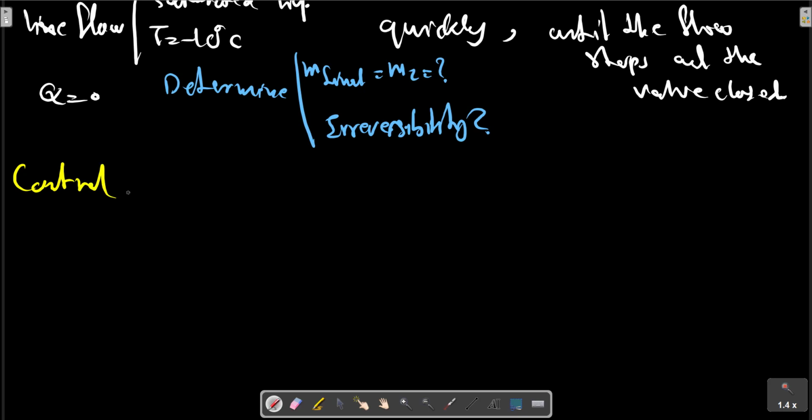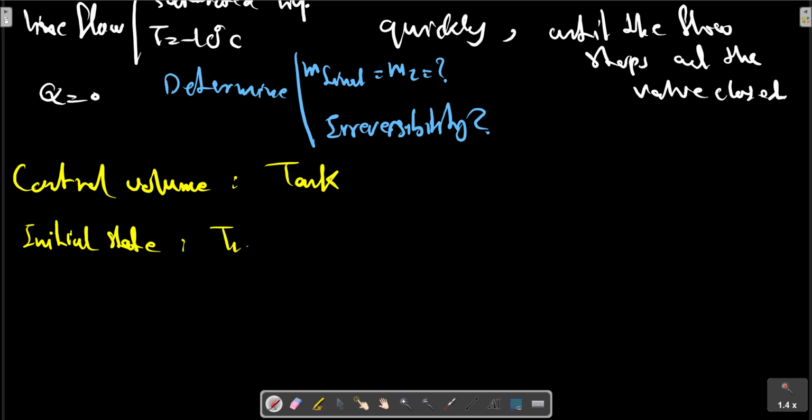Control volume, tank, initial state, T1, P1.